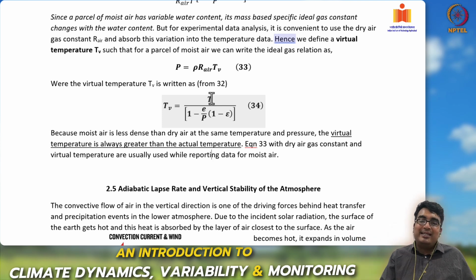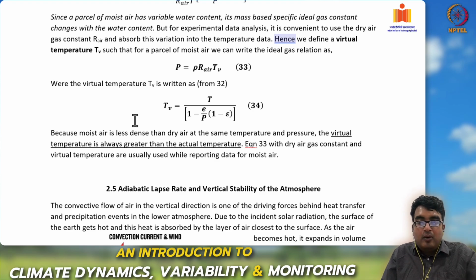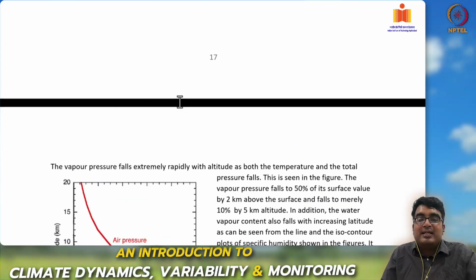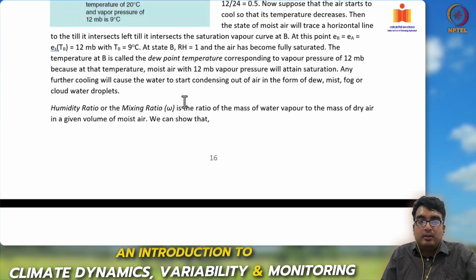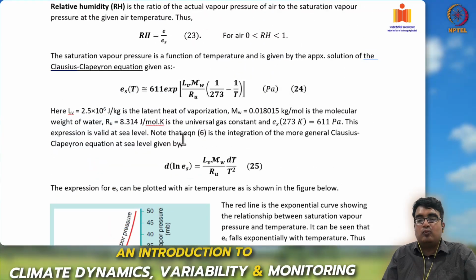So you can evaluate E. Once you have evaluated E, you can report the virtual temperature for that particular parcel of air. So this is how this expression can be evaluated. Next we will discuss a worked out example where we use these various aspects of atmospheric humidity relations that we discussed today.